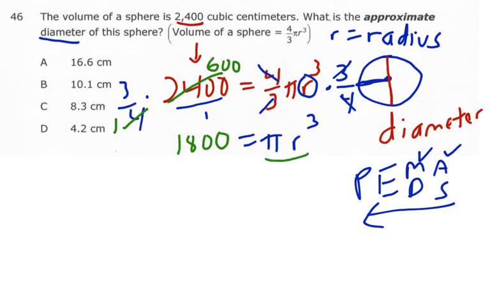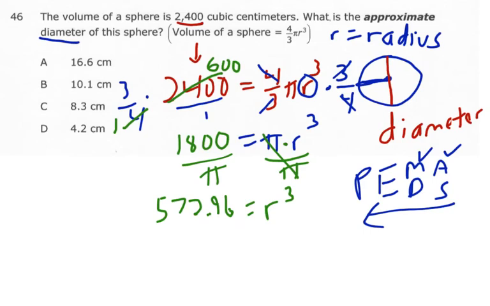And now I'm on my next to last step. I want to get rid of the pi. I'm multiplying by pi, so the inverse is dividing. So divide by pi to both sides, and we'll get r cubed equals about 572.96. And our last step, we're on exponents now. So what's the inverse of cubing something?